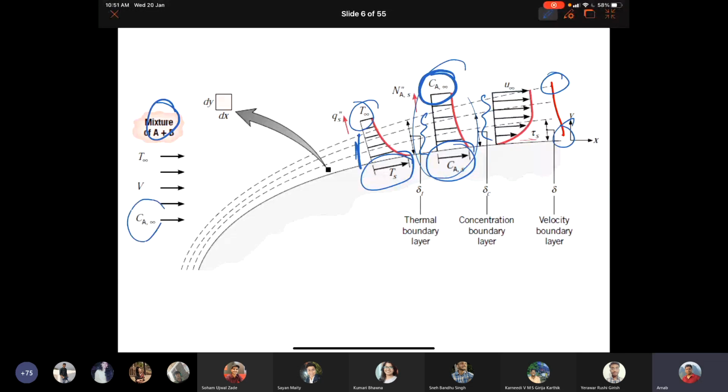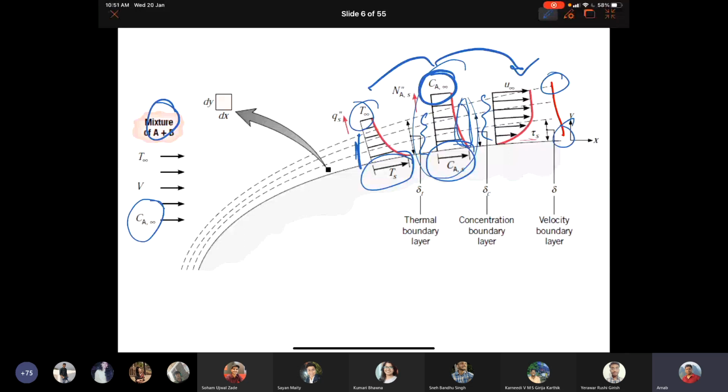So there is Ca infinity, which will try to be uniform throughout the flow profile, and quite understandably everything depends on this velocity profile, the hydrodynamics.